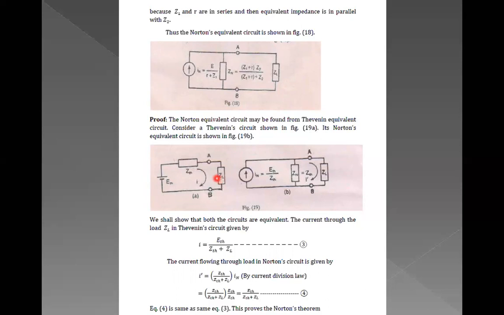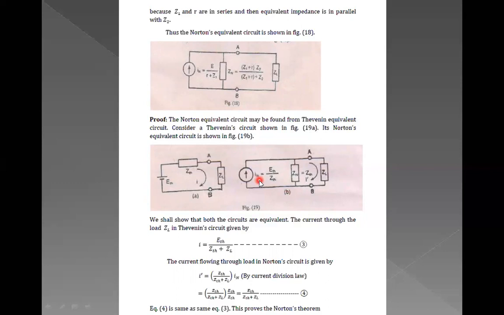Now we will show that I is the current flowing through this particular ZL. So this I should be equal to this I dash which is flowing in this ZL, because the same linear network is converted into Thevenin's equivalent in figure A, and into a Norton's equivalent, which is shown in figure B. So this is a single source.